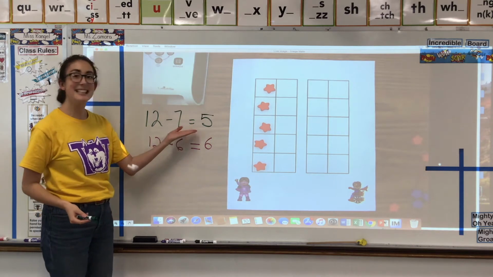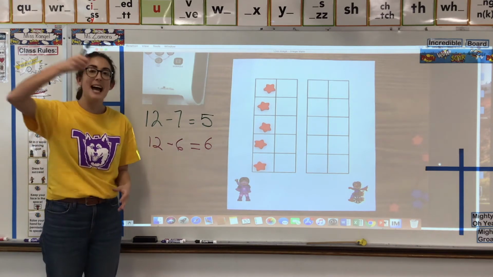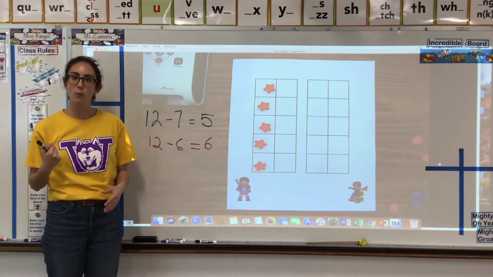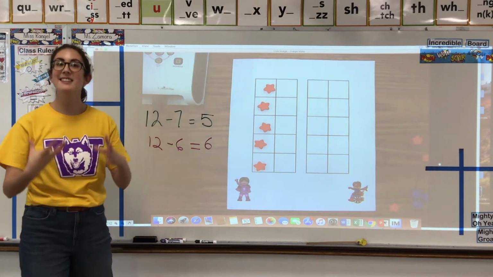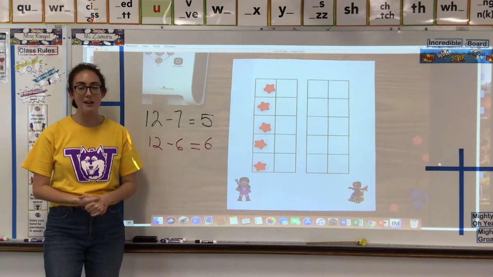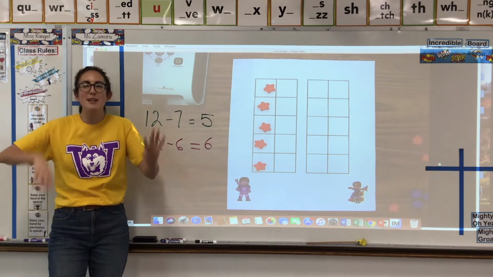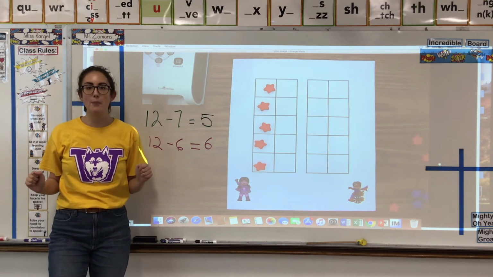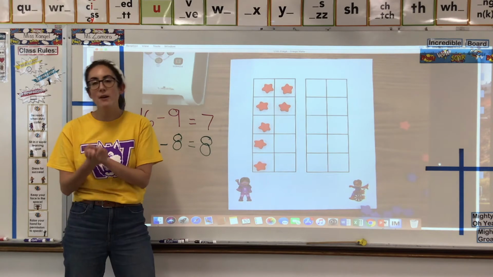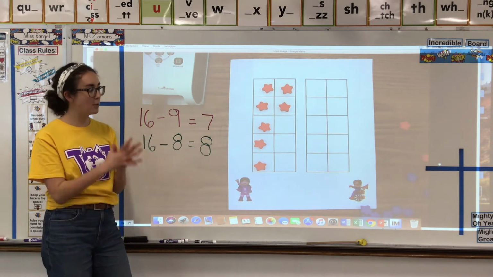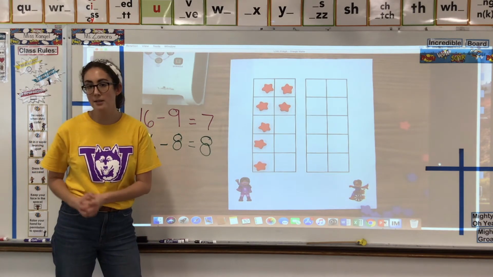It's 1 less than 6 because we just had to subtract another 1. So there's a lot of old knowledge required to solve these problems, and that's why it's such a good workout for your brain.